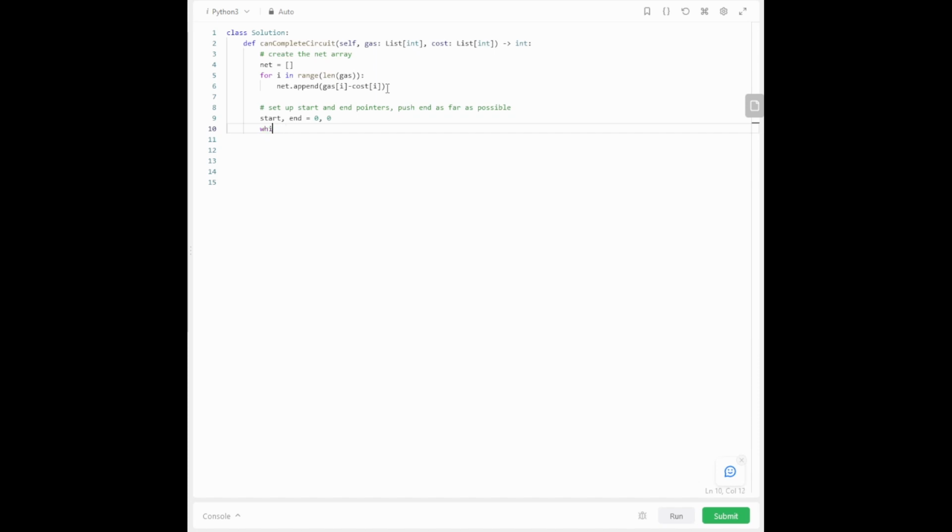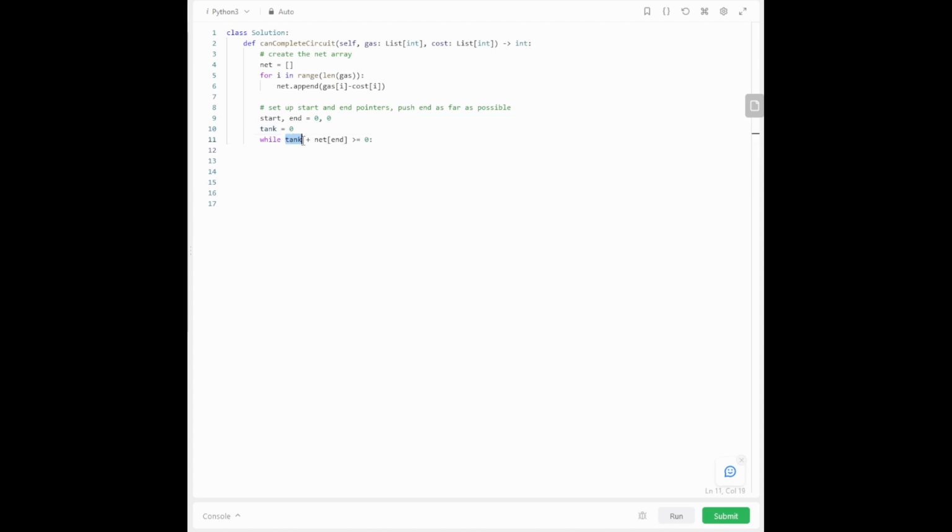And now I say while, oh, and of course we want to keep track of our tank. While tank plus net at end is greater than or equal to 0. This is the condition for our loop.